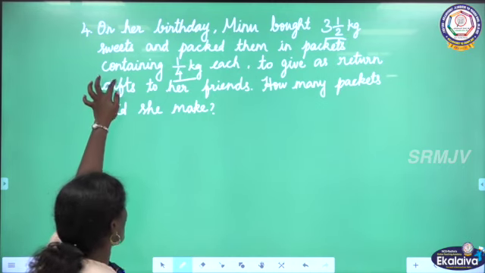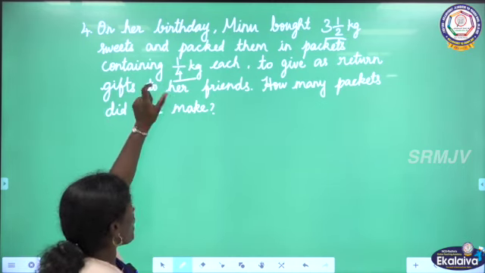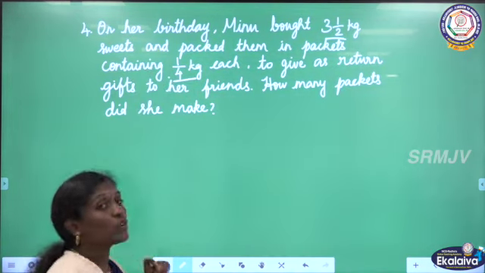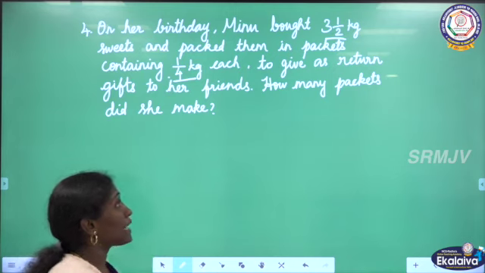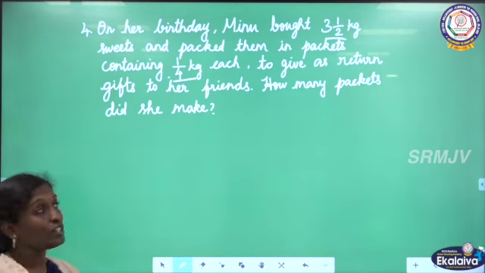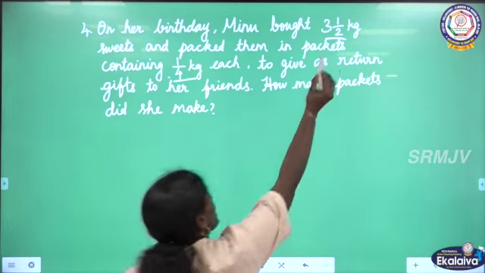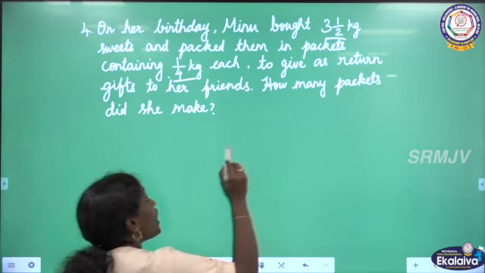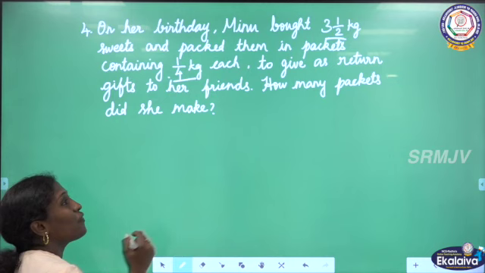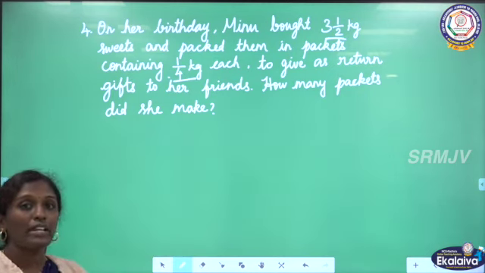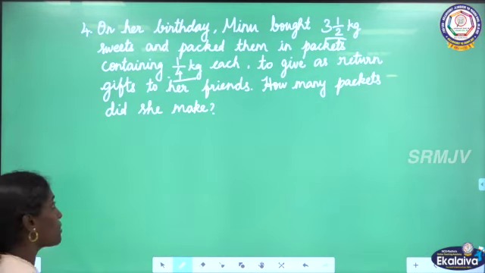She is packing them in small packets of 1 by 4 kg. Now we are going to find out how many packets she can make. So we have to divide the total quantity of sweets by the quantity of sweet in one packet. Then we will get the number of packets she can make.